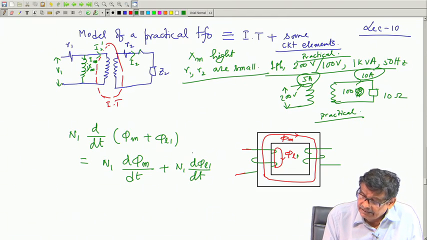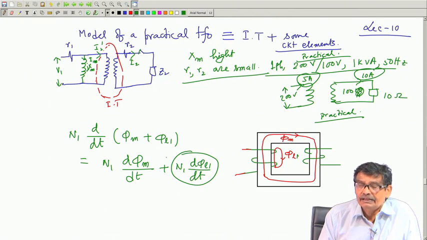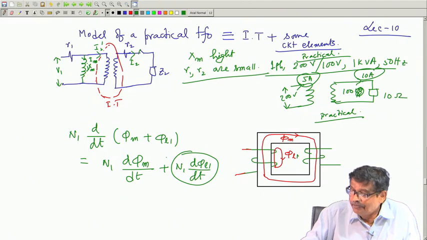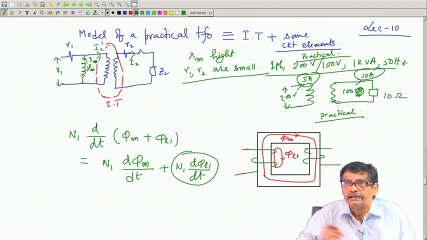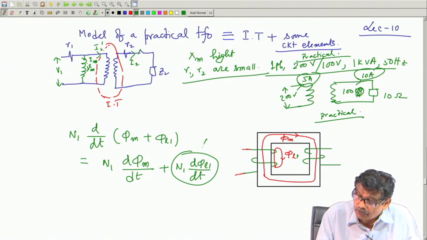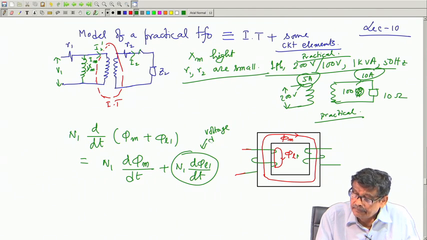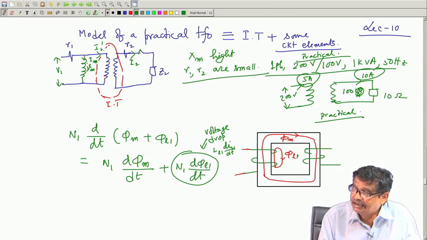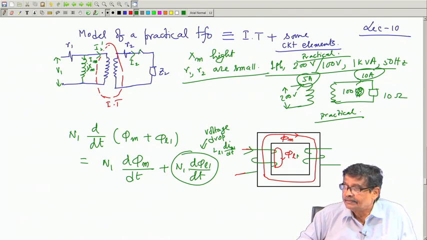Now, this term is not going to transfer energy from the primary to the secondary side. It will simply cause a voltage drop. And it can be written as L L1 d I L1 dt, something like that, with the primary current flowing producing leakage flux.